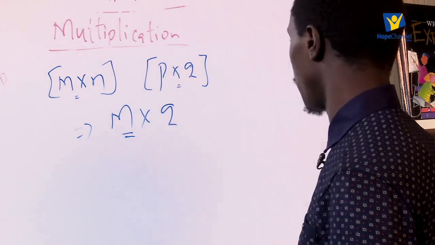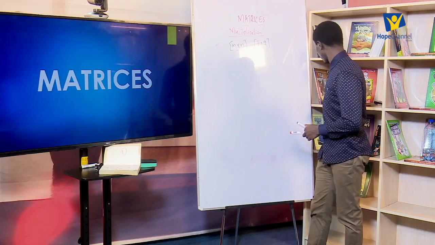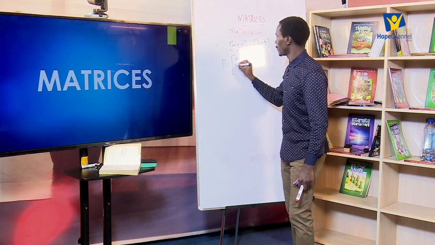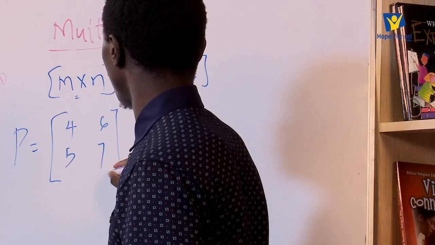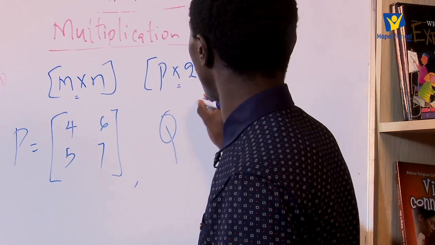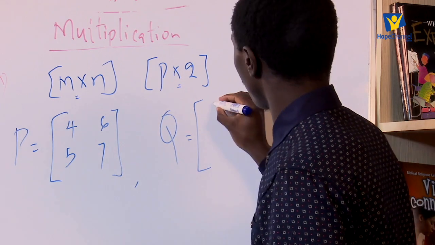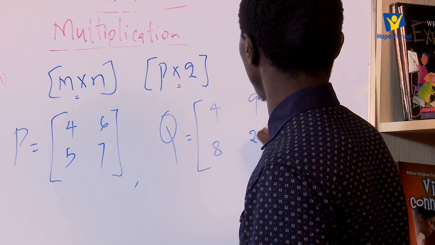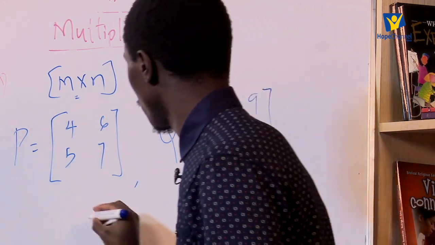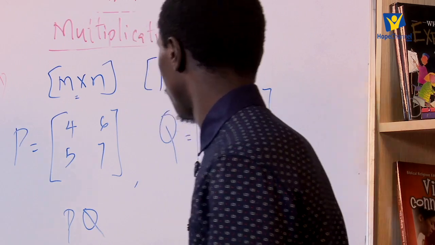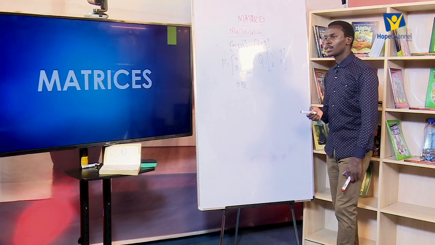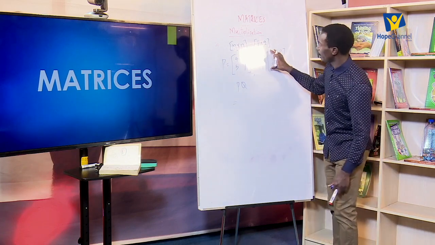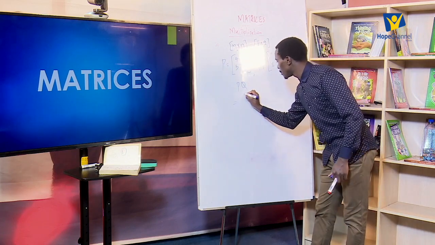Let's take an example. Let's say you are given the matrix P as 4, 5, 6, 7, and then you have Q as 4, 8, 9, 2. And now you are asked to multiply P and Q. So when multiplying P and Q, the solution will be multiplying Q and P. So you pre-multiply.